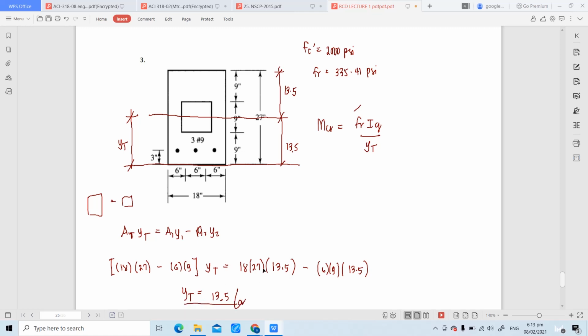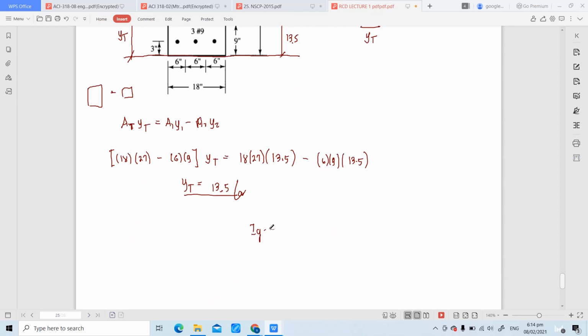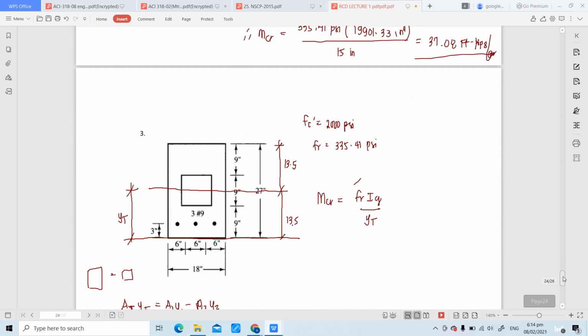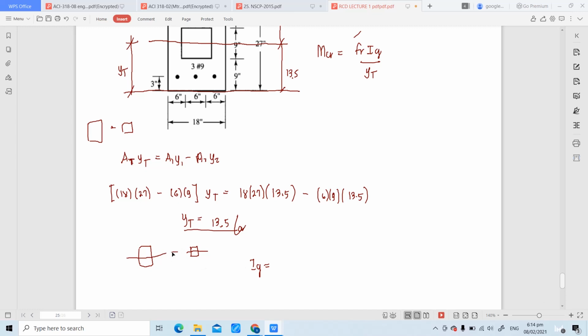Okay. Ganyan yung gagawin nyo kapag hindi nyo sure na symmetrical tayo. Pag na-solve nyo na yung location, you can now solve for the gross moment of inertia, I sub G. O, anong gagawin nyo dyan? Madali lang to. I-treat nyo siya as buo. So, solve nyo yung moment of inertia niya doon sa axis na yon, and then, minus nyo yung moment of inertia ng butas with respect sa axis na yon. O, diba? Pag ganyan, anong formula? bh cubed over 12.